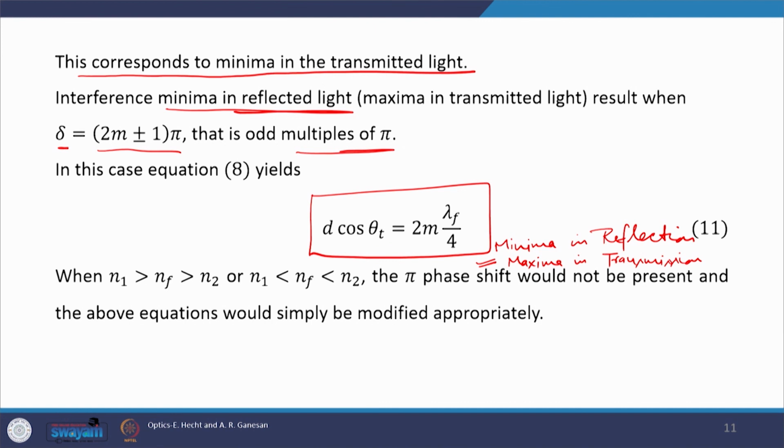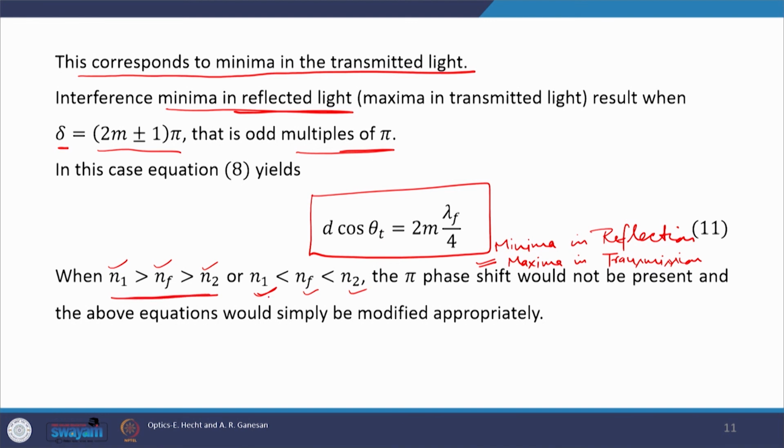Now, there are two special cases. What is this special case? If the refractive index of the first medium is larger than that of the film, and that is again larger than the refractive index of the third medium, or if the refractive index of the first medium is smaller than the refractive index of the film, which is again smaller than the refractive index of the third medium.